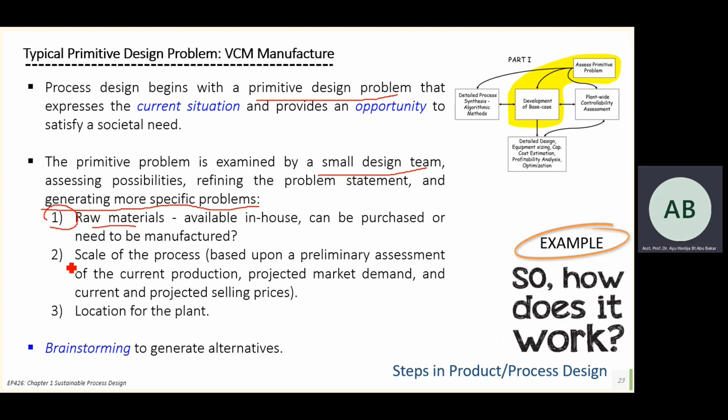Second problem, the scale of the process. Right now they only have capacity for 1 million of product. So they need to scale up the unit so that it can produce 800 million of product. Like in your lab, you do lab scale.